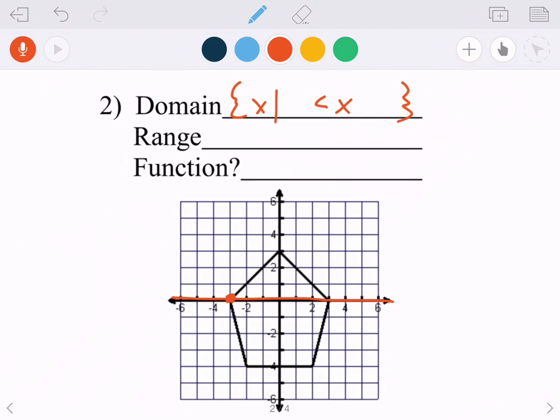So x has to be greater than or equal to -3. I don't have an open circle there, so it can be -3. Finally, the greatest point is at x equals 3 on this graph. So x is going to be less than or equal to 3.